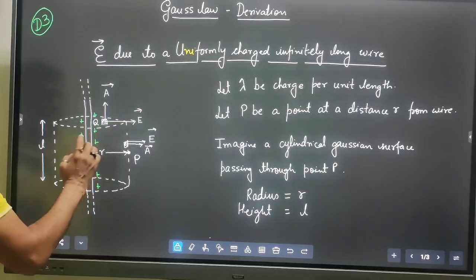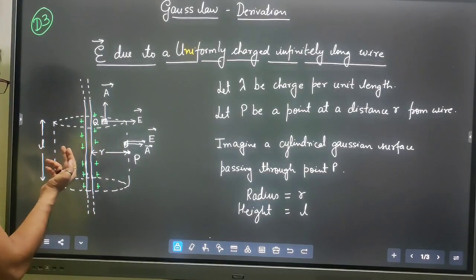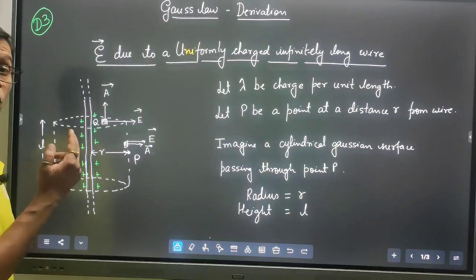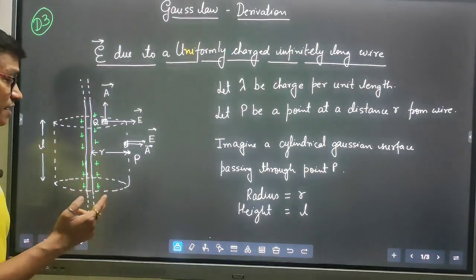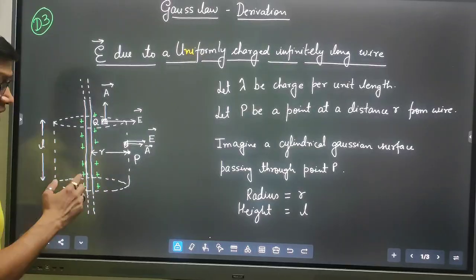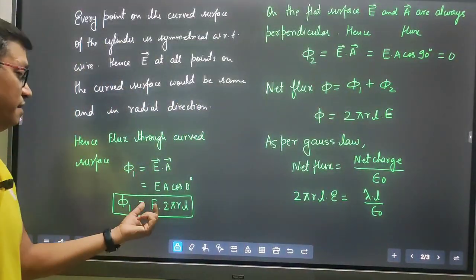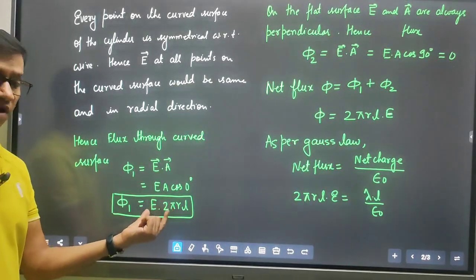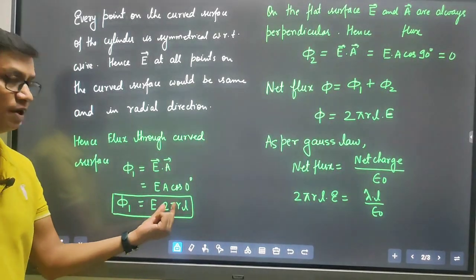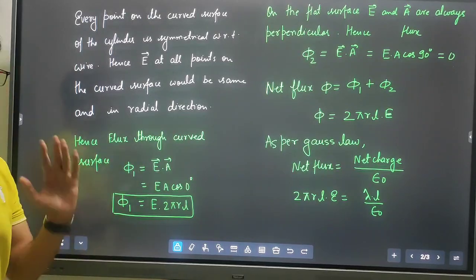When we are taking this complete curved surface, we are talking about the curved surface area of this cylinder, and the formula for that is 2 pi r h. Here h is L, so 2 pi r L. That is the total area of the surface. Now this is my total flux: E into the area, 2 pi r L. So the first part is done. We have figured out the flux from the curved surface.